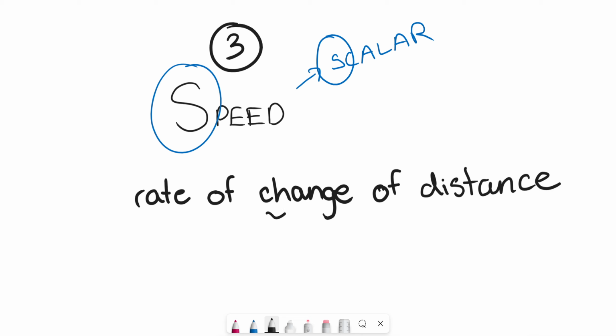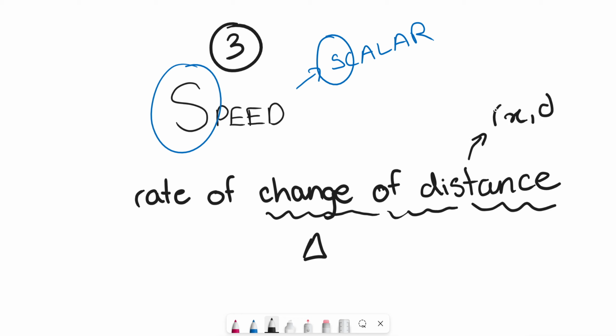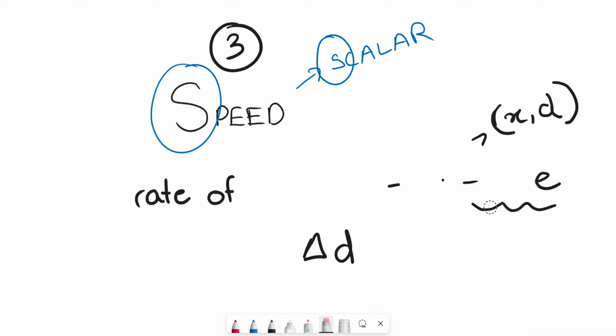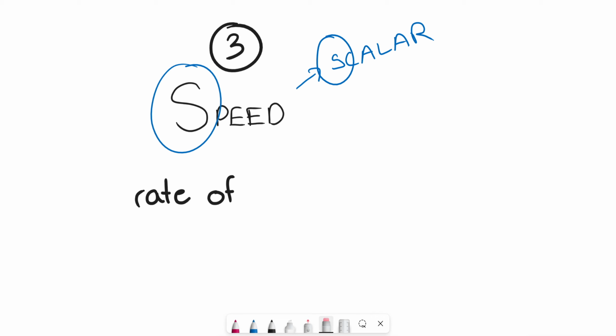When I write change of distance, in shorthand I can write change as delta, and distance usually has the symbol x or d. Either is fine. In this case, I'm going to use d, because it's more direct. D is distance. So you can write change in distance as delta d with respect to time.